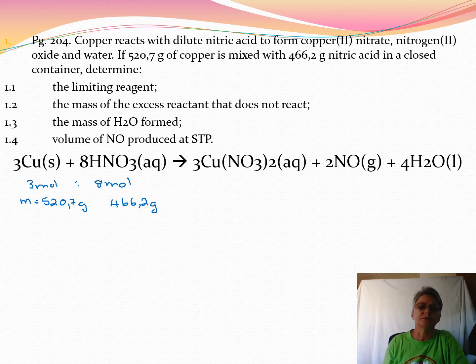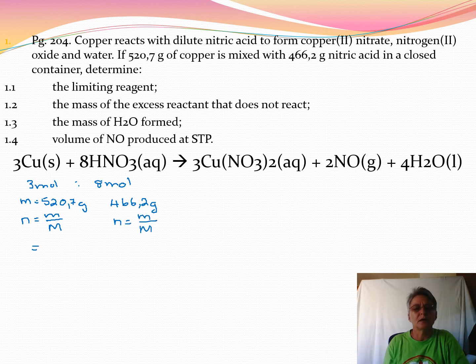What we should do is get the moles of each that we've got available. The moles of copper is mass over molar mass. The moles of nitric acid is the mass over molar mass.